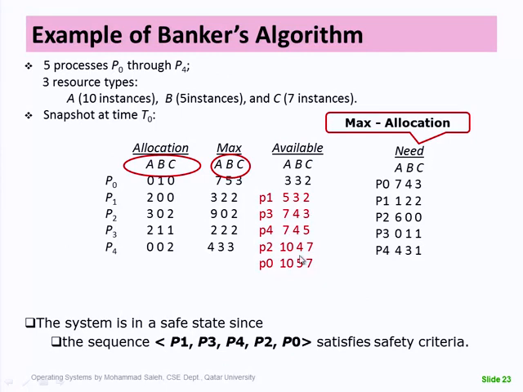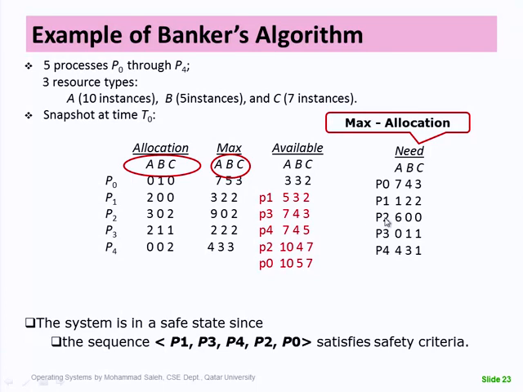If we try to execute P0, we can't, because it needs more than what's available. However, P1 needs 1, 2, 2, which I have, so I will execute it. Assuming it has finished, I claim back what it used to have, which is 2, so I will have 5, 3, 2 after P1 is finished.